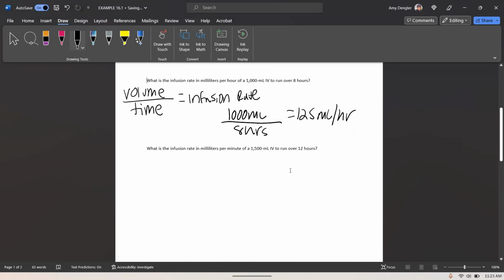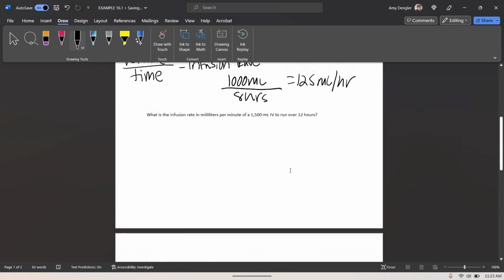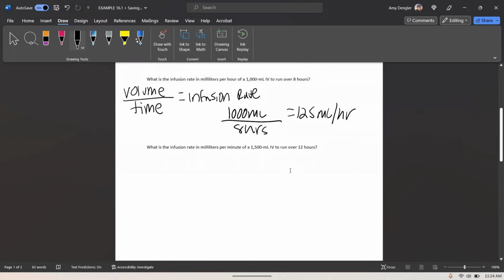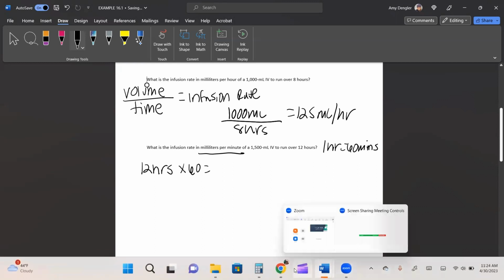And what is the infusion rate in milliliters per minute of a 1,500 ml IV to run over 12 hours? This is the same thing as the above, except they want the time in minutes. So we need to take that 12 hours and use the conversion factor of 1 hour is equal to 60 minutes. A little trick is you can always just take your hours and multiply by 60 to get the minutes.